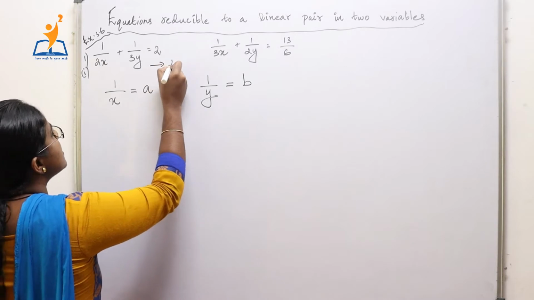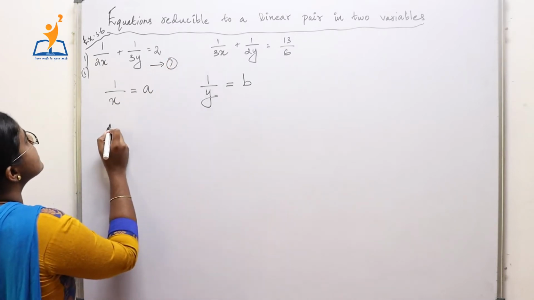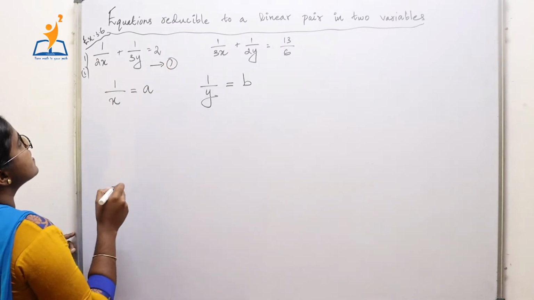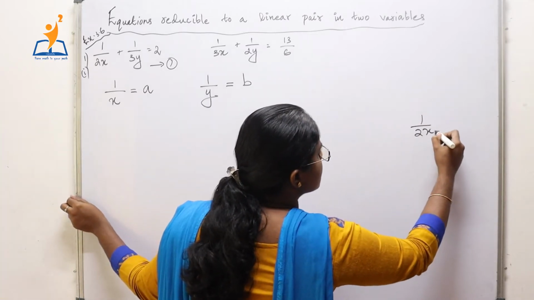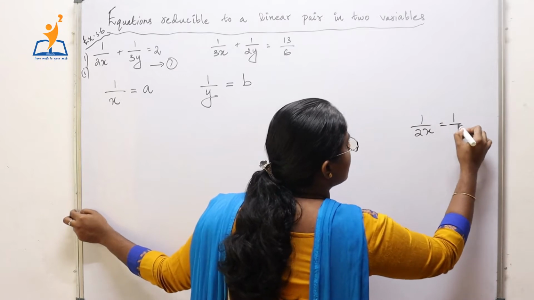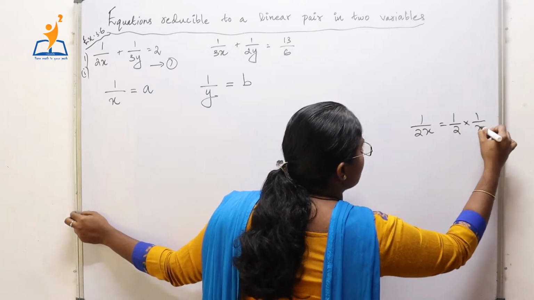Then our equation number 1 will become like this, that is 1 by 2x. What is 1 by 2x? 1 by 2x can be written as 1 by 2 into 1 by x.